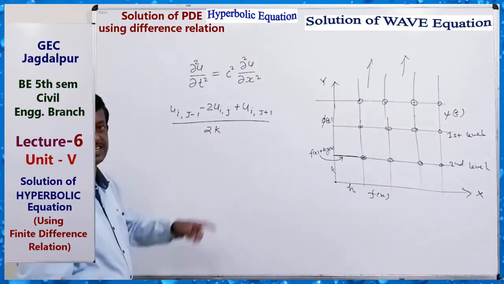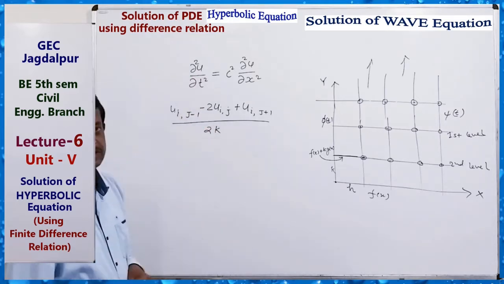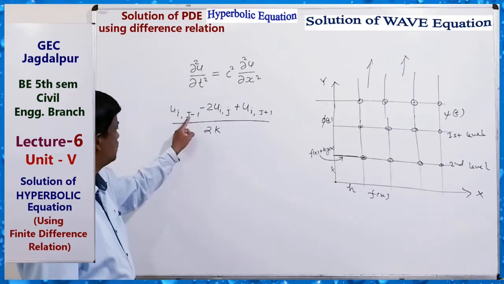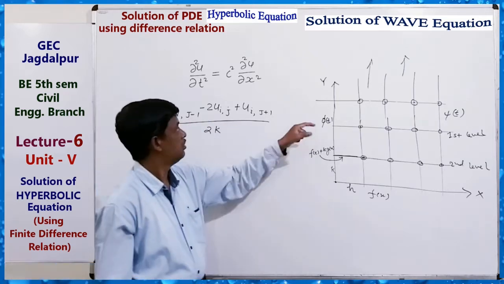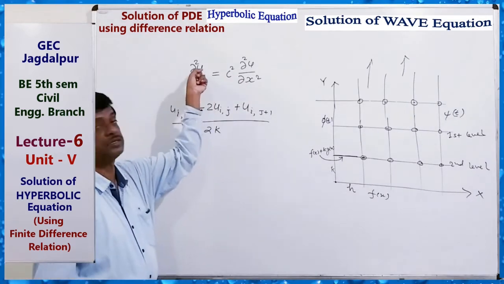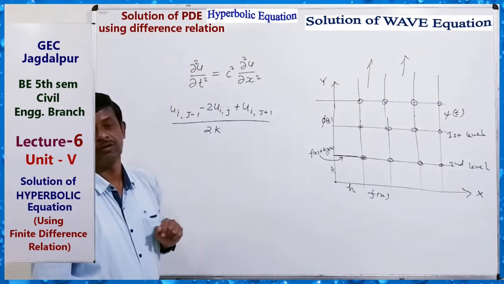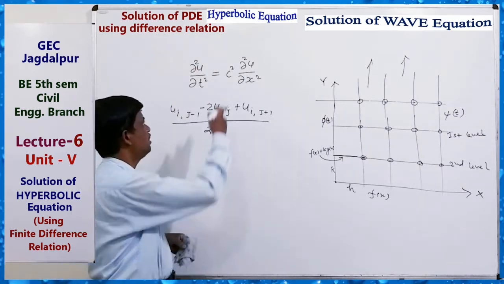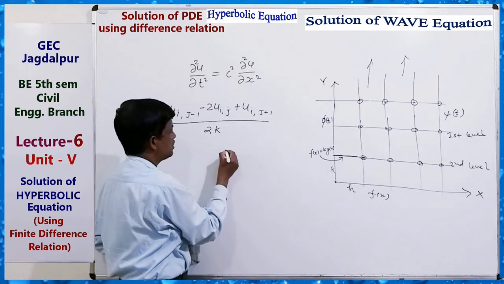We know its finite approximation is this, because j minus 1, j and j plus 1 is the three level formula for this second order derivative.